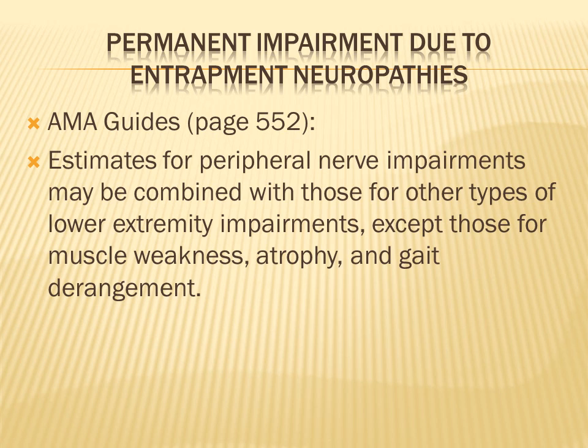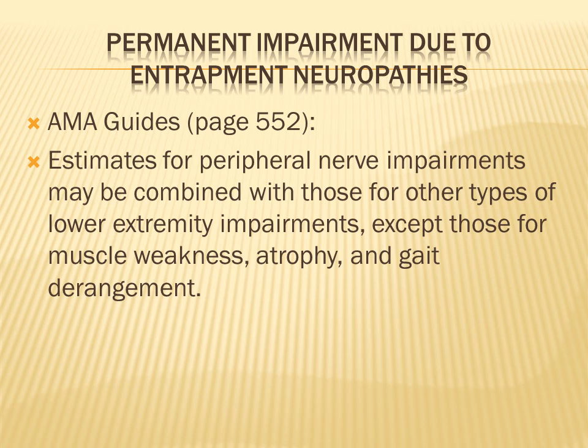Okay, on page 552, the AMA guides instruct us that estimates for peripheral nerve impairments may be combined with those for other types of lower extremity impairments, except those for muscle weakness, muscle atrophy, and gait derangement.